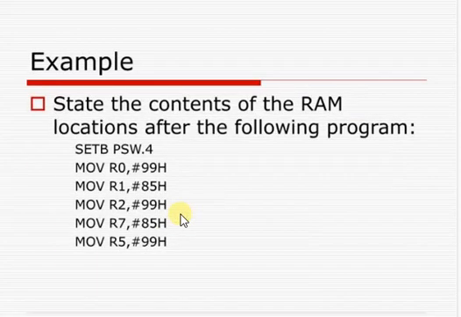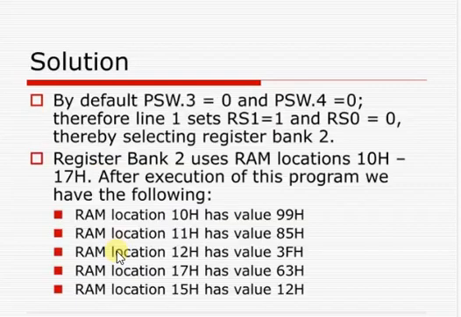If you observe, this program will be executed here. These are the addresses. Actually, there we have written only R0, but it indicates a location here. The contents of that location are filled with the values 99, 85, 99, 85, 99.